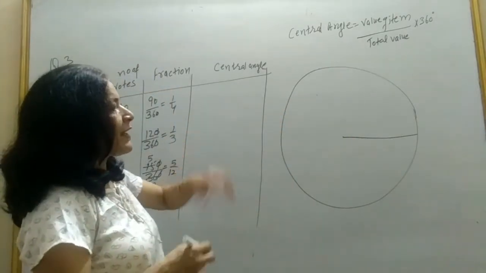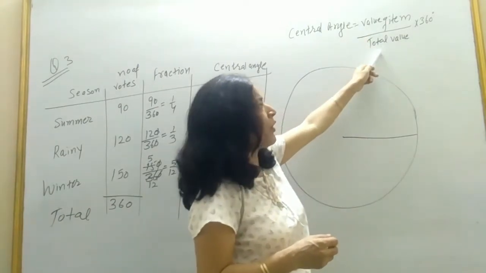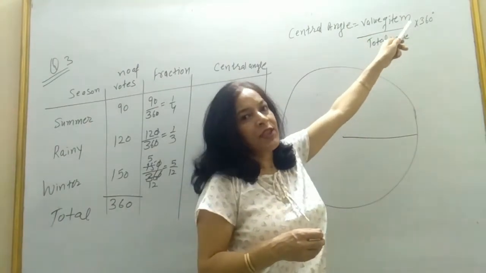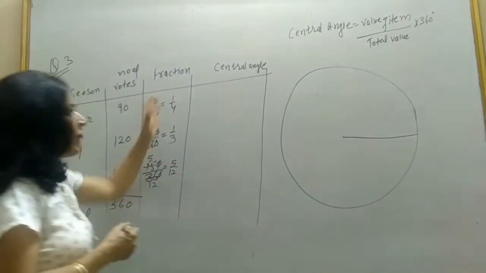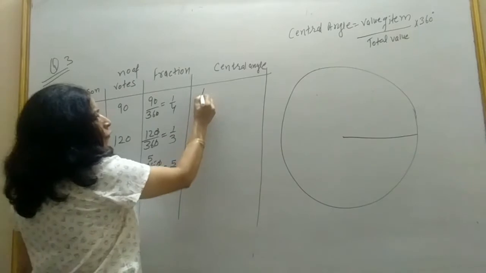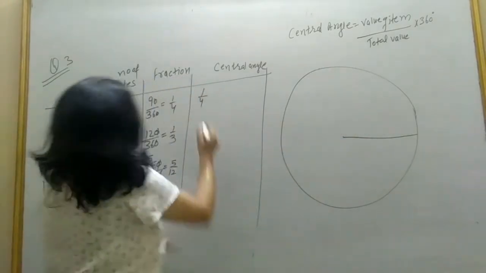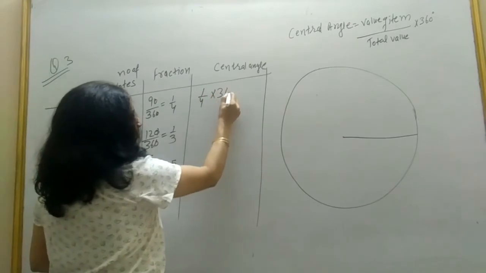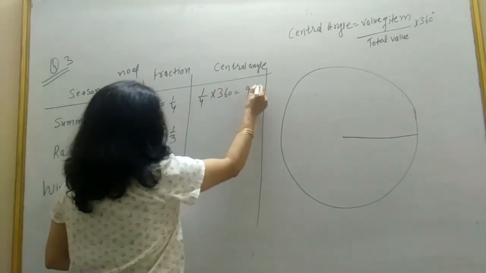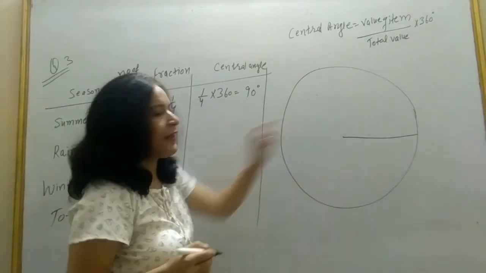The formula to find the central angle is the value of a particular item divided by the total value, multiplied by 360. You can also find it in one column. So 1 by 4 of 360 is 90 degrees.